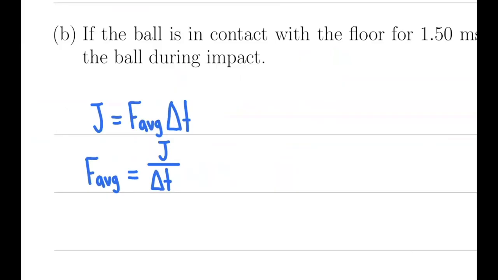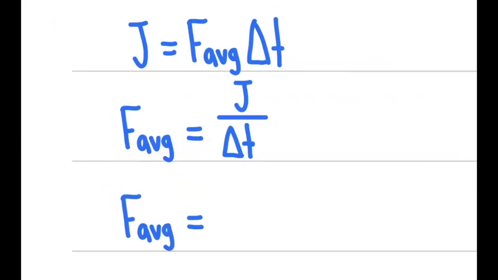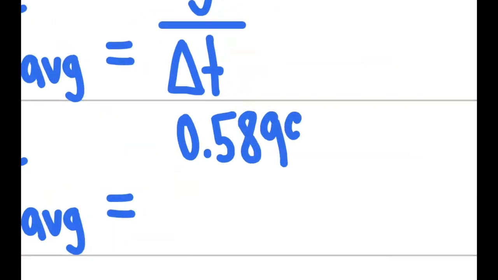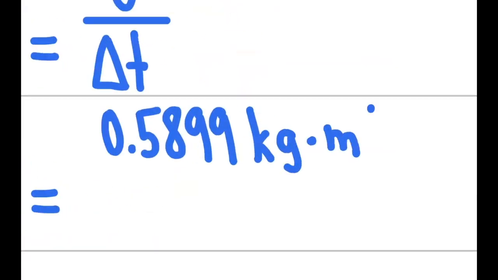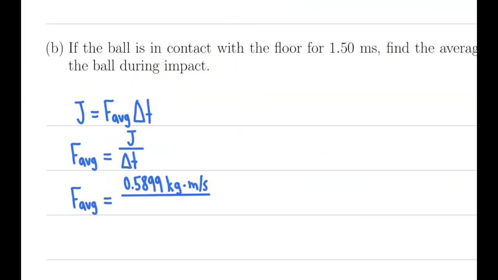So J, we know that from part A, it's 0.590. I'm going to keep one more digit just so we don't have any rounding issues. So instead of 0.590, I'm going to say 0.5899 kilograms meters per second. And the time interval is 1.5 milliseconds. So I'm going to convert that to seconds.